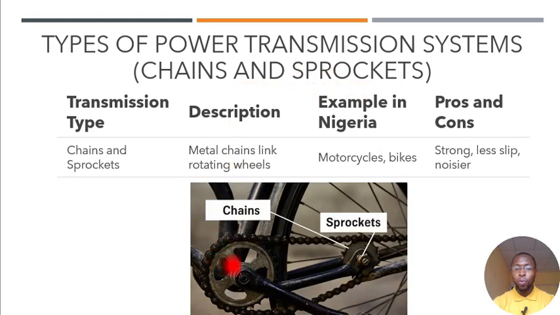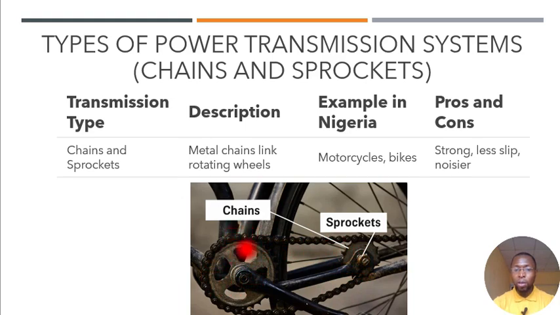Okay, we all know the bicycle, right? A bicycle can only move with the chain around it. The sprocket is the point where the chain is hung.